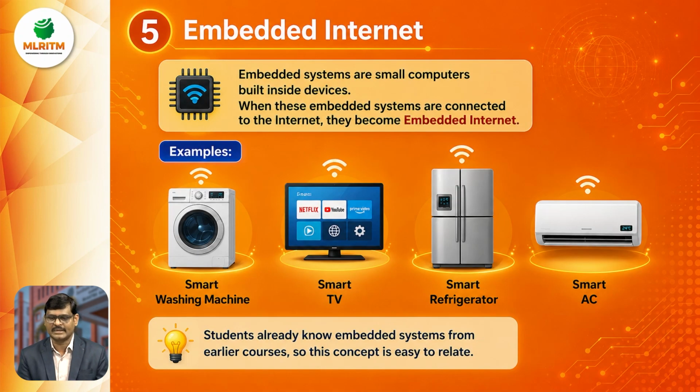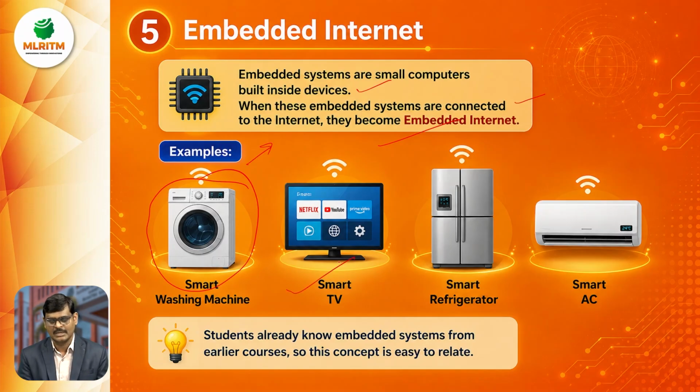Similarly, embedded internet. Everyone knows that an embedded system is a small computer built inside a device. Whenever these embedded systems are connected to the internet, they become an embedded internet. For example, take a Wi-Fi controlled washing machine. In this washing machine, we can control or set all the values using our mobile by connecting to Wi-Fi.